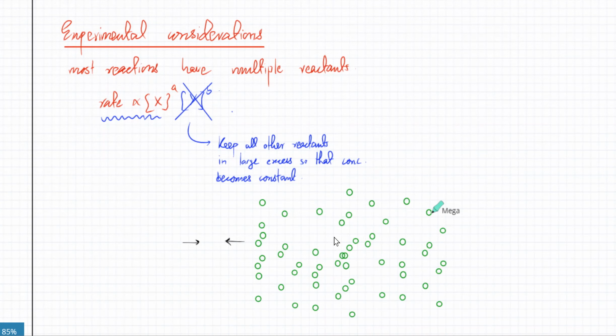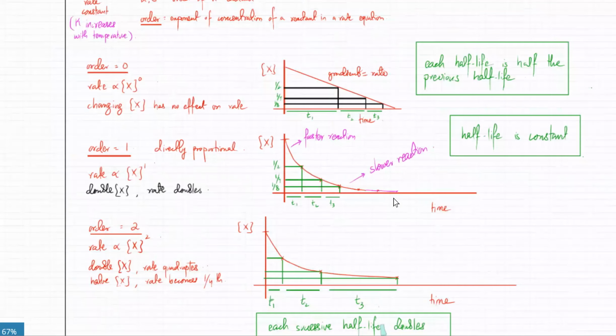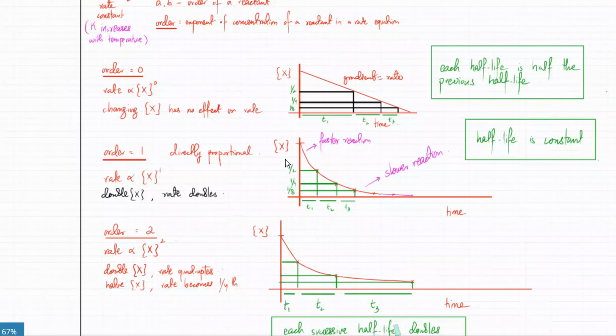Concentration of X would vary a lot. It would be 100%, then 50%, then it would go to 20%. But at the same time, the concentration of Y almost remains unchanged. So that is one experimental consideration that you must make. When all these graphs were plotted, all the other reactants were kept constant by adding them in large excess.